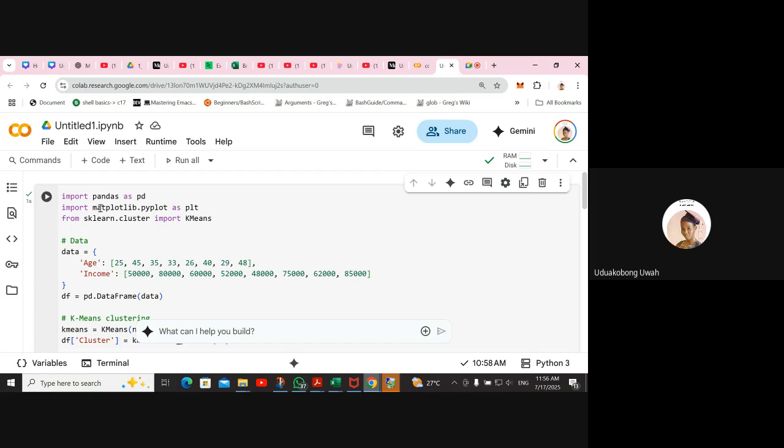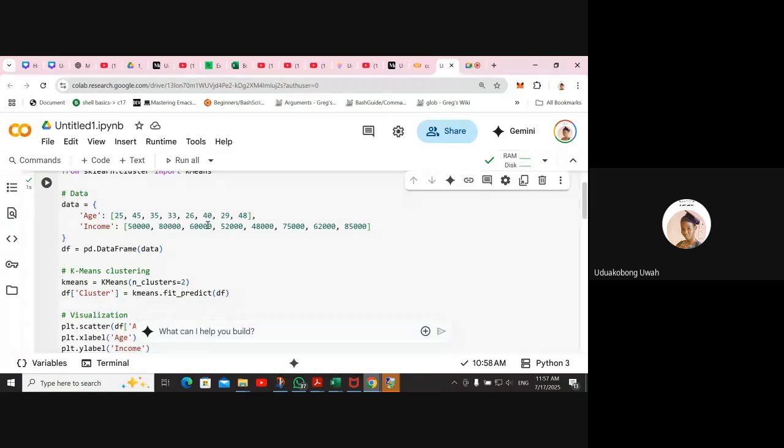And matplotlib, we need it to visualize our data. So matplotlib is for data visualization. And this one is where I import k-means itself, the k-means algorithm for clustering.